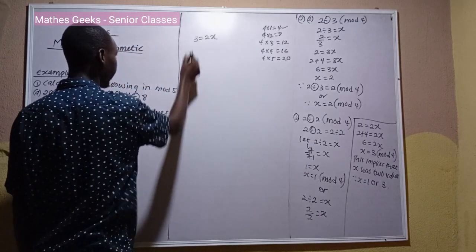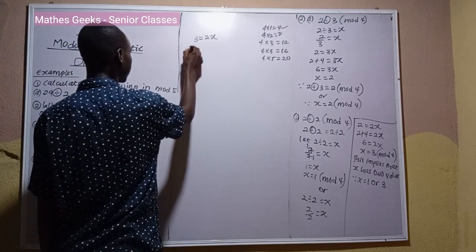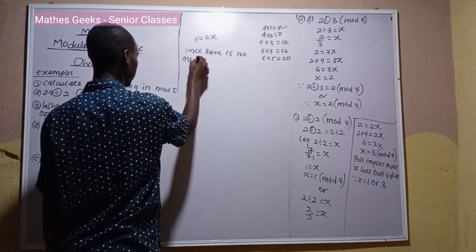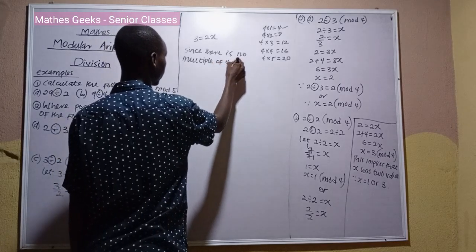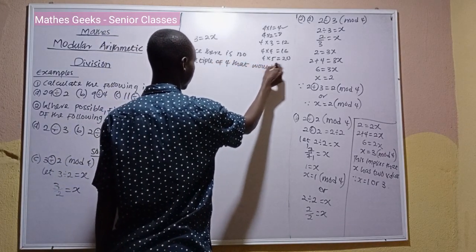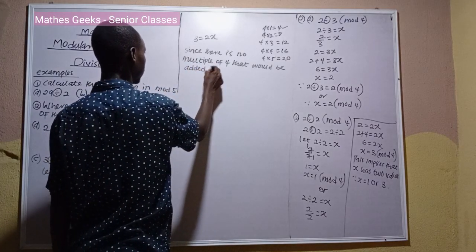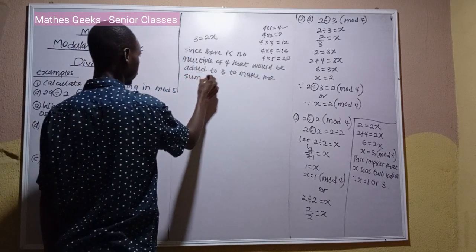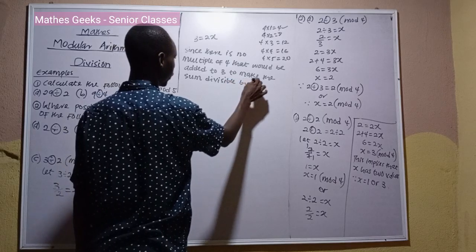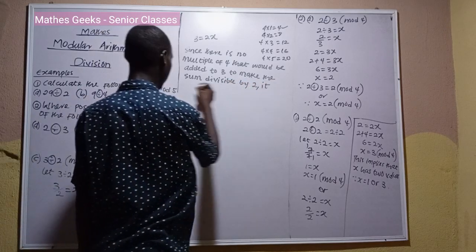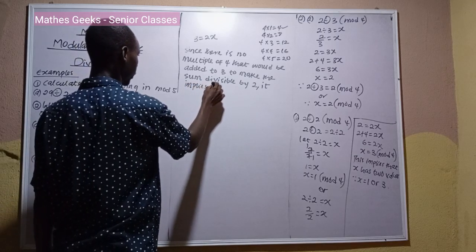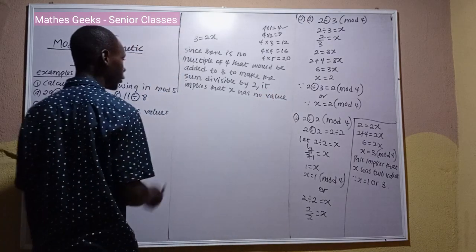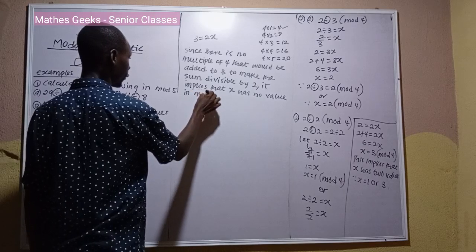So since there is no multiple of 4 that can be added to 3 to make the sum divisible by 2, it implies that x has no value in mod 4.